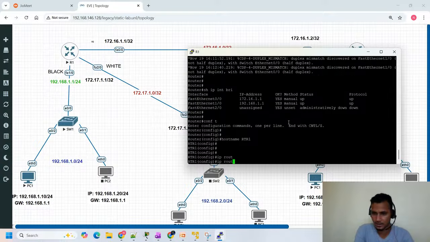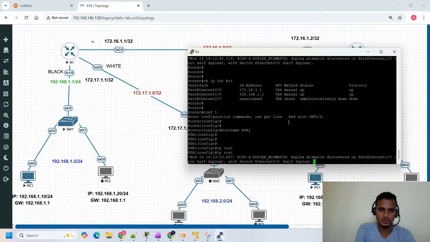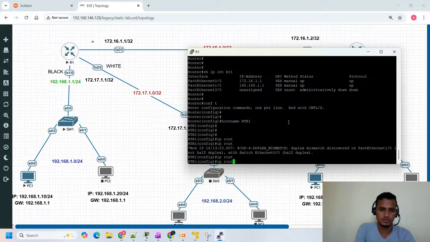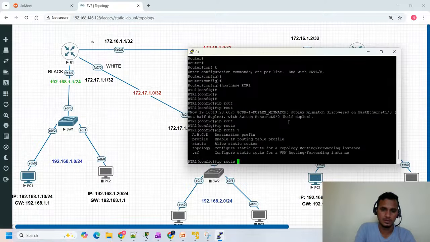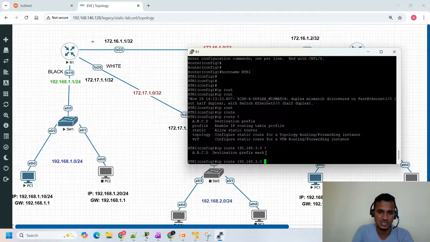IP route. If you use question mark, it is going to tell you destination prefix. What is the destination network ID? IP route, destination network ID is 192.168.3.0. Then if you use question mark also, it is going to ask you what is the destination subnet mask.